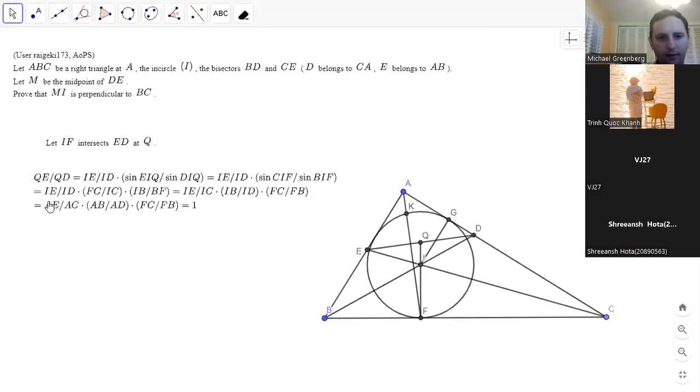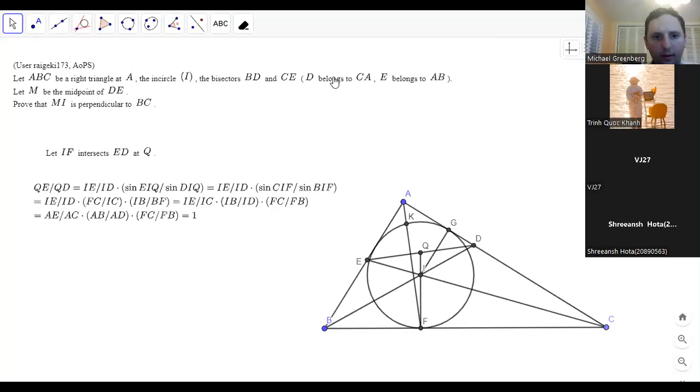So this very last line here, okay, because, yeah, those are just right triangles with angles B over 2 and C over 2. Yeah, okay. I see it.